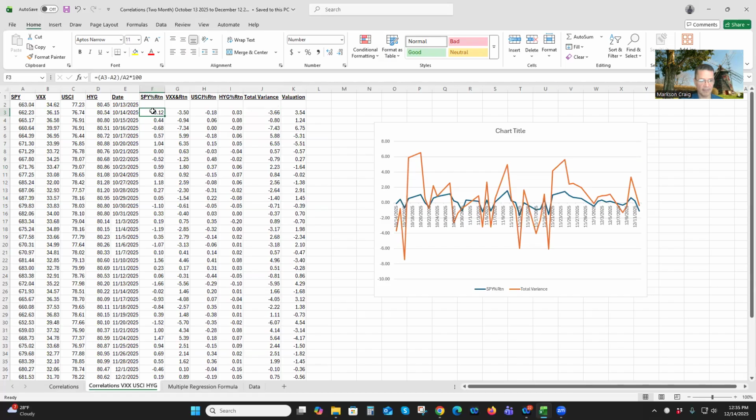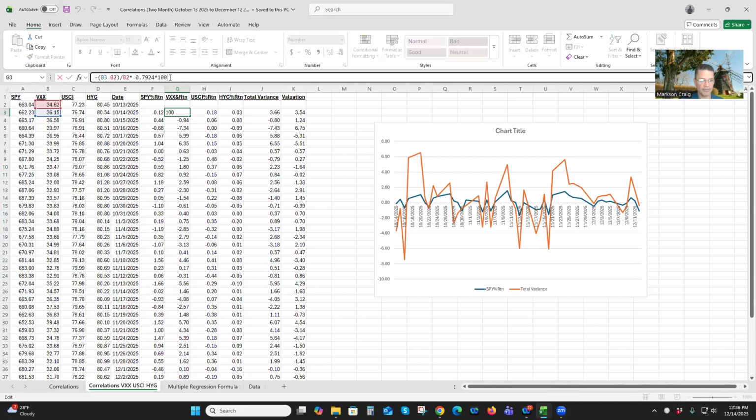If you look at column F, which I'm highlighting here, that's the percent return of SPY from the day prior. You look at column G, that's the VIX and the percent return from the day prior, but accounting for the variance. Remember, it's a negative relationship, so I multiplied it by negative 0.7294, multiplied by 100.